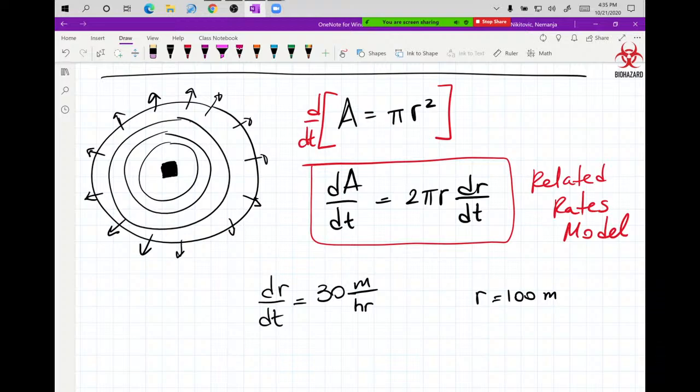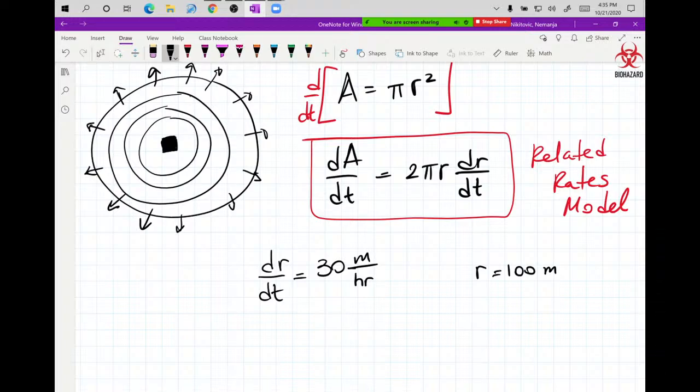Now the other wording is how fast is the area increasing? That was just the other way for us to say it, because the area is going to be increasing in time. So we are looking for dA/dt.